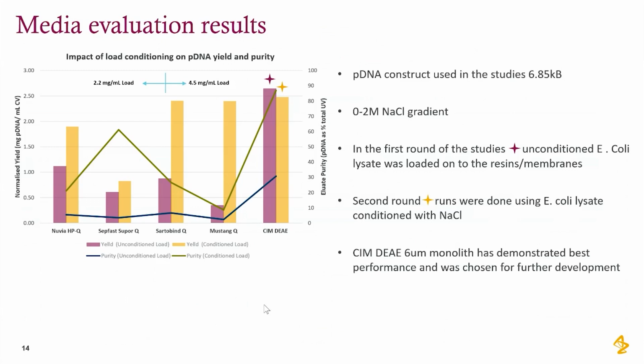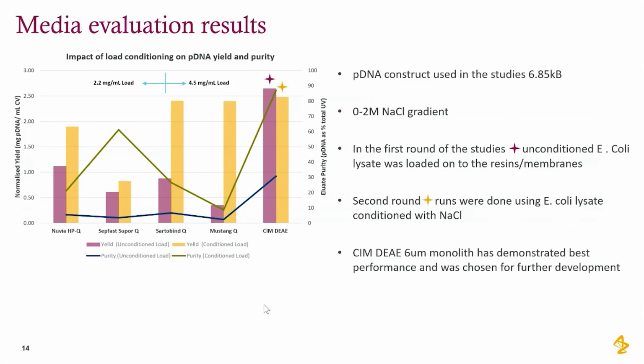As you can see, if we look at the yields highlighted in purple, just monolith showed very high yield. For the other media, the yields were not so impressive. And if we look at the purity, in dark blue, purity unfortunately was not so great even for the monoliths.